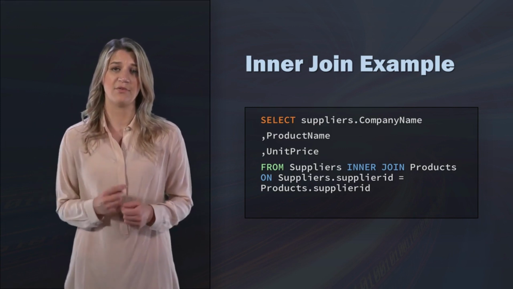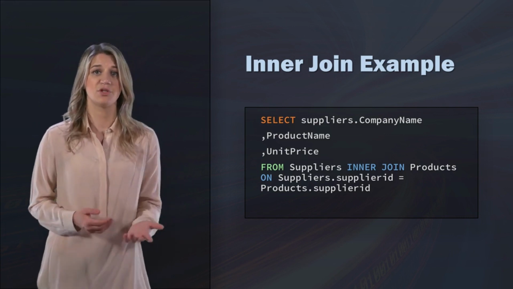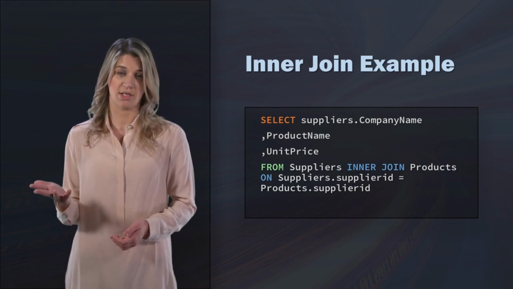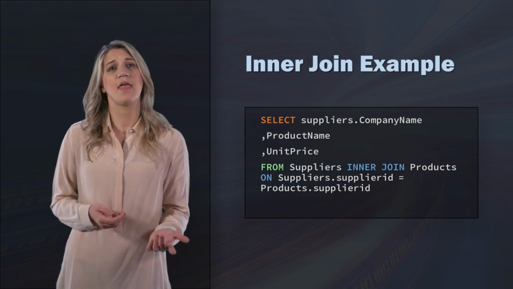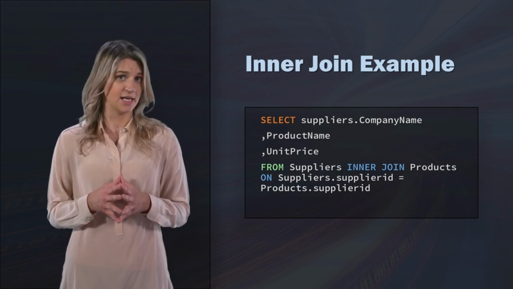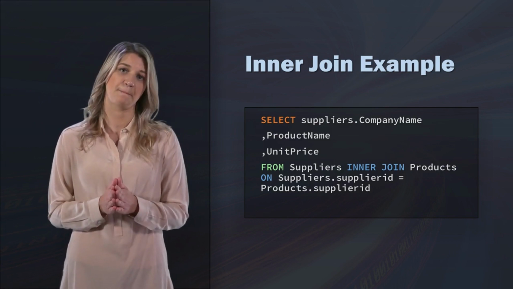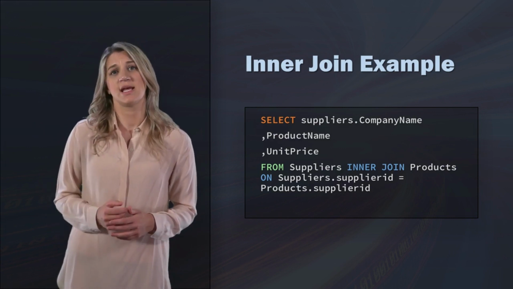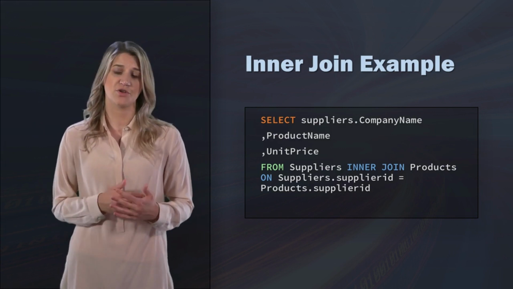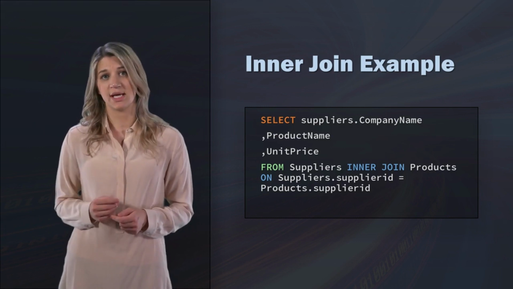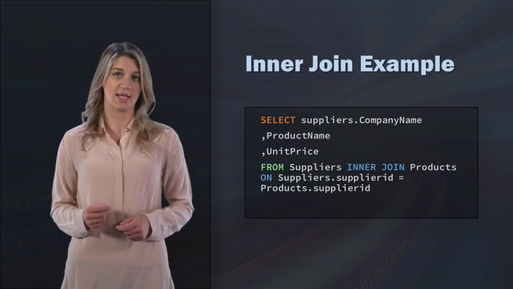So we say grab it from suppliers, the type of join we're going to do, inner join, with products, and then what you're listing is really that key. So we're saying this is an inner join, and we want you to link it on the connection between the key.